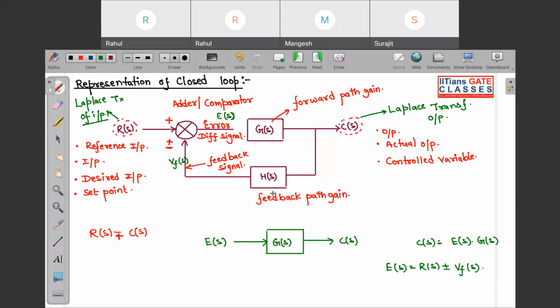If you take this feedback path, and this is H(S), then the input is C(S), and the output is this feedback signal. So V(S) is equal to H(S) into C(S).